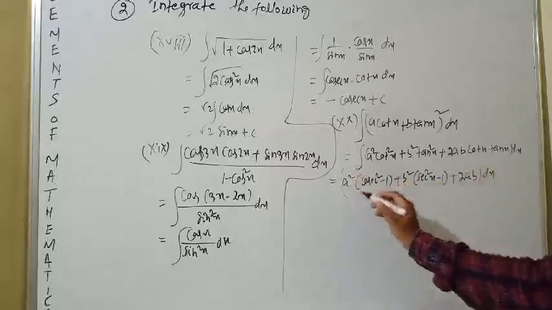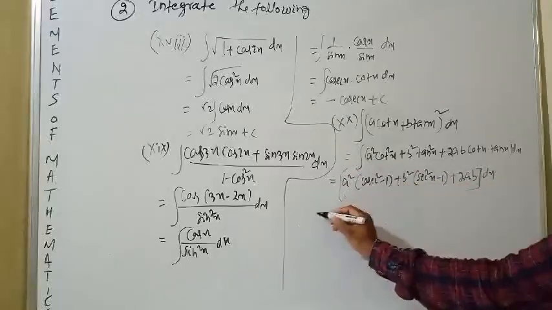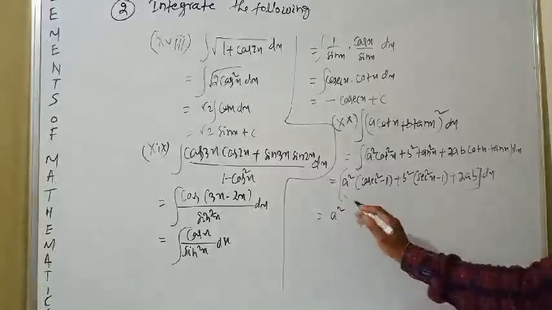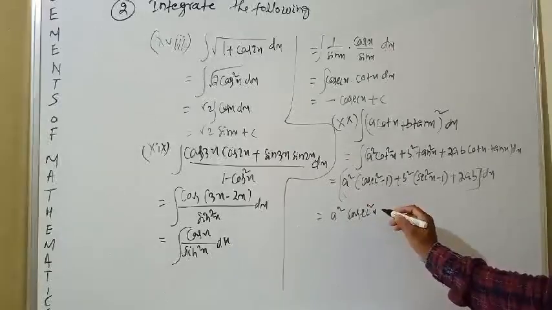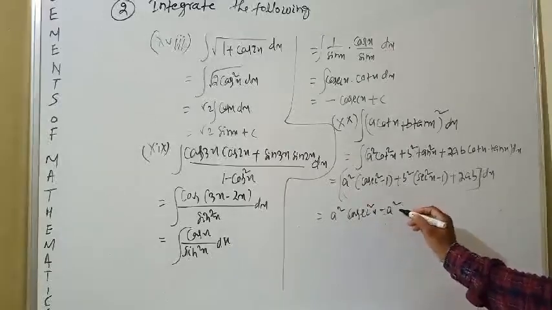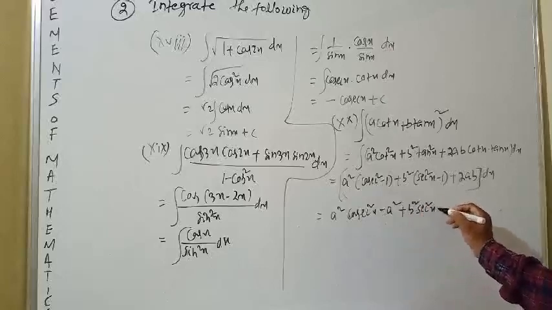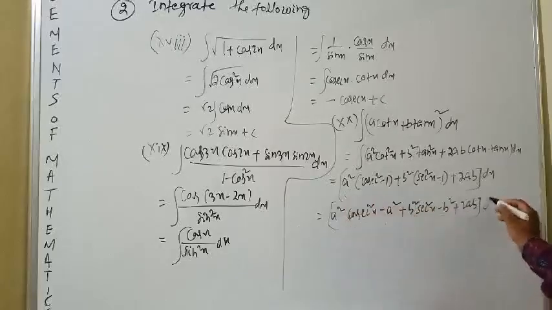You see, a square is constant, a square cosec square x minus a square plus b square sec square x minus b square plus 2ab dx.